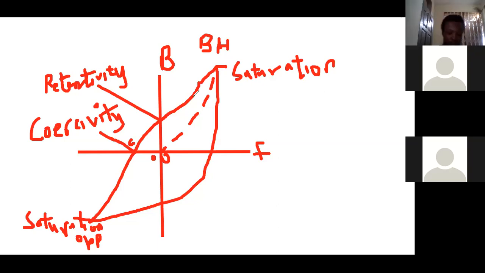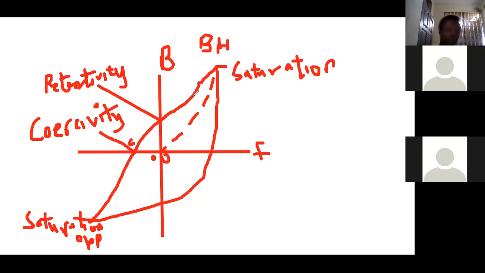Now the vice versa will be the reluctance. The reluctance is the opposition that a ferromagnetic material shows to the establishment of a magnetic field. It is analogous, similar, or akin to what we call resistance in an electrical circuit.